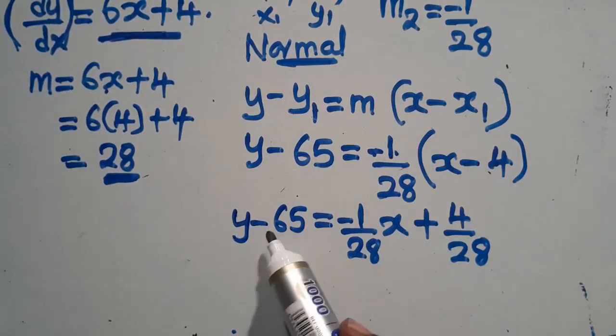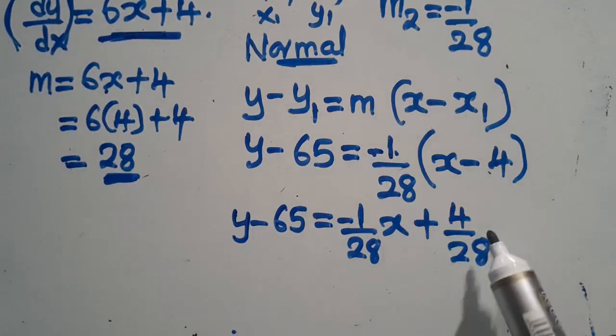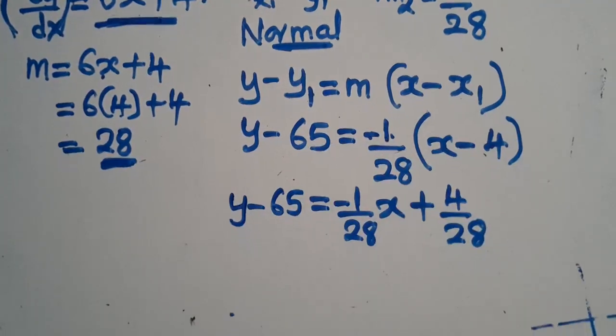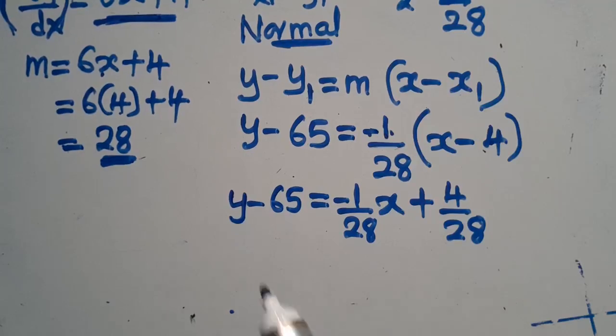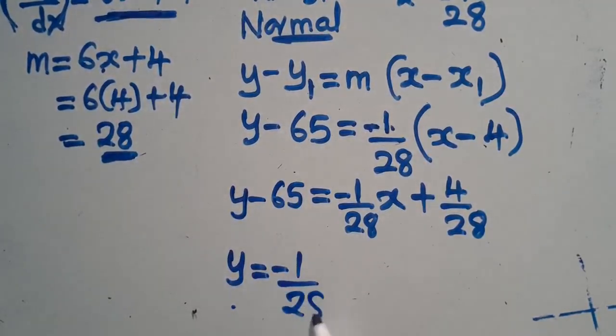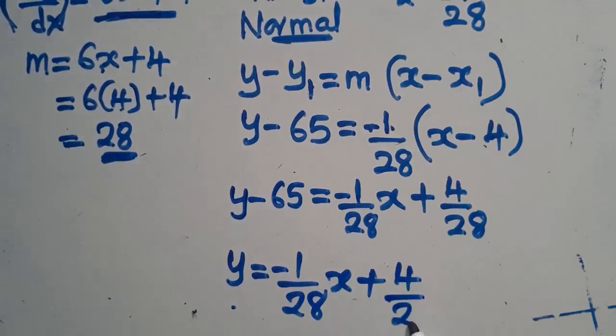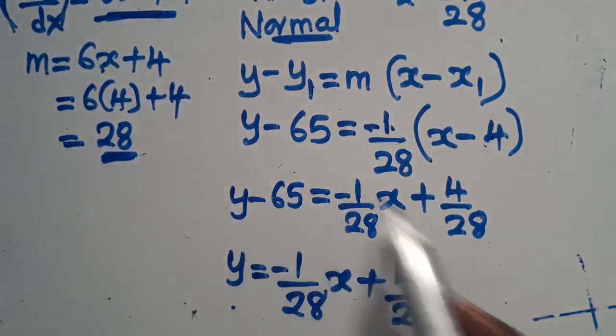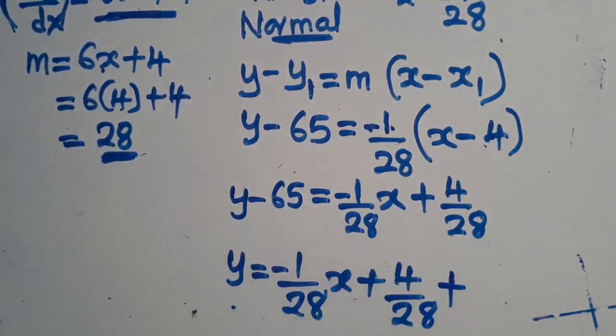After reaching here, this one comes to the other side. So what you are going to have is y equal to negative 1 over 28x plus 4 over 28. When this one comes to this side, it becomes plus, because it is negative. Plus 65.